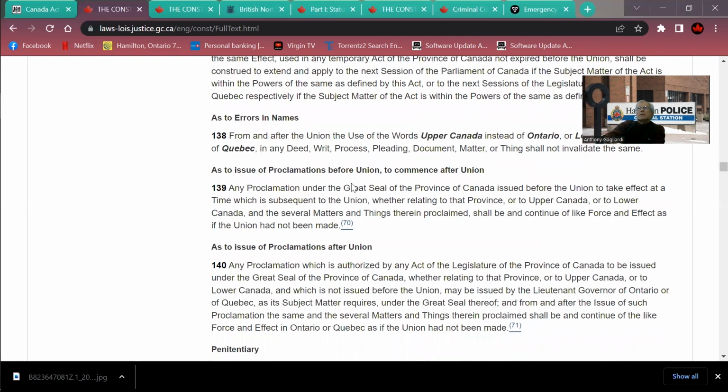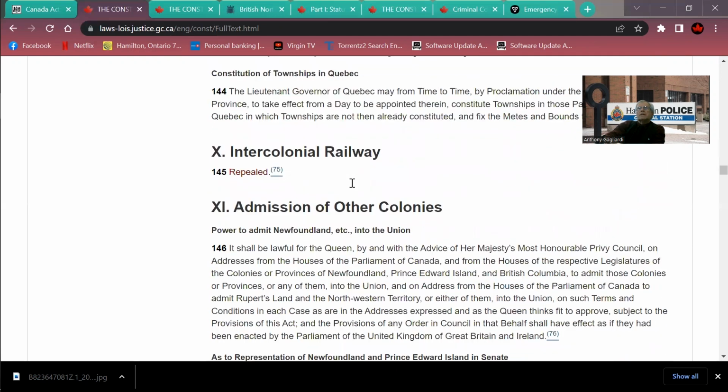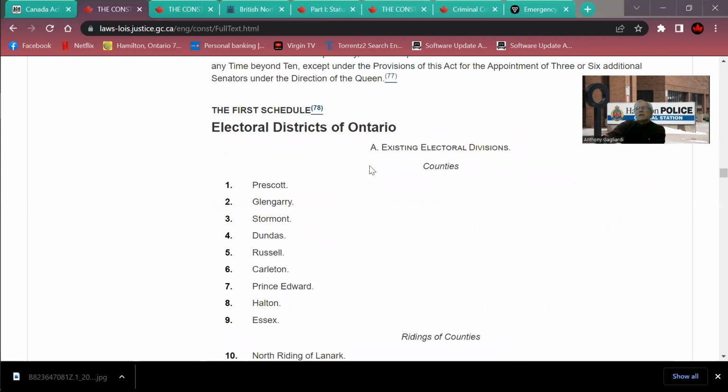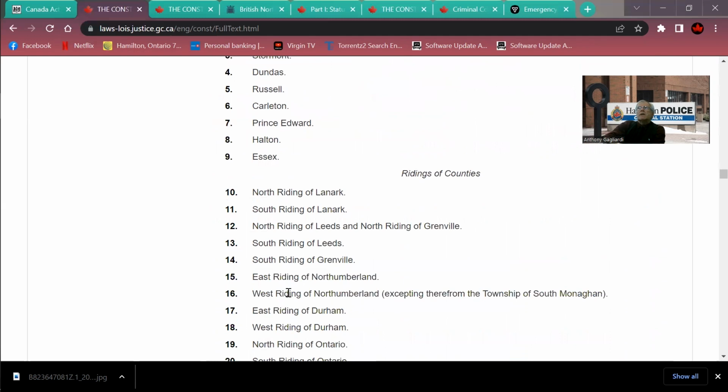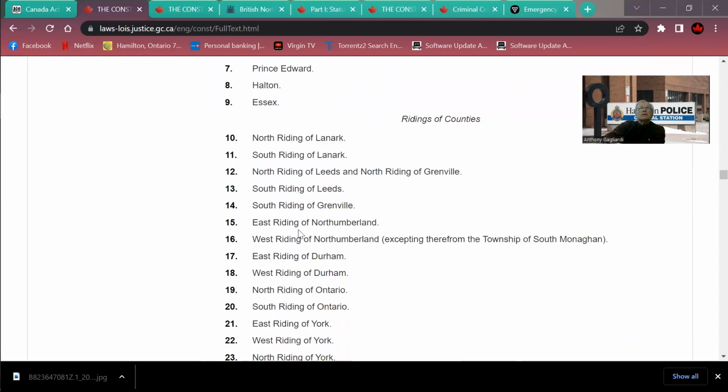And basically, the point in all of this is that, oh, here we go. So the Constitution Act, which is the engineering drawing for a political map, talks about the electoral districts in Ontario. So we have counties, Prescott, Glengarry, Stormont, Dundas, etc., Halton, Essex, ridings of counties.